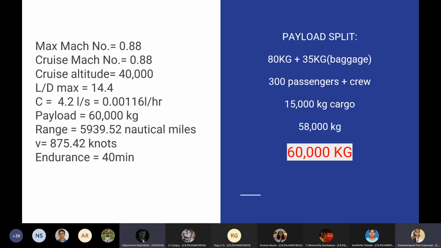No, we are assuming the same Mach number for the cruise and the maximum Mach number, because we accelerate to a particular height and it will be almost constant in the passenger flights. Because usually aircraft have maximum Mach number higher than cruise Mach number. That's why I'm asking. In the commercial jetliners, we found it to be almost the same as the maximum Mach number in our literature survey.